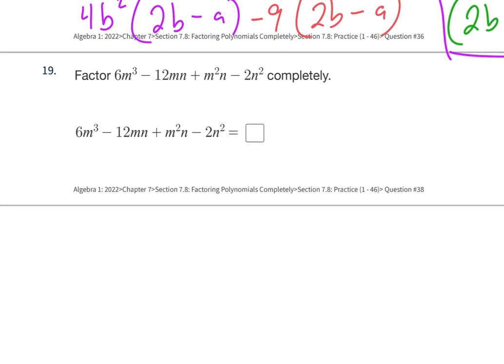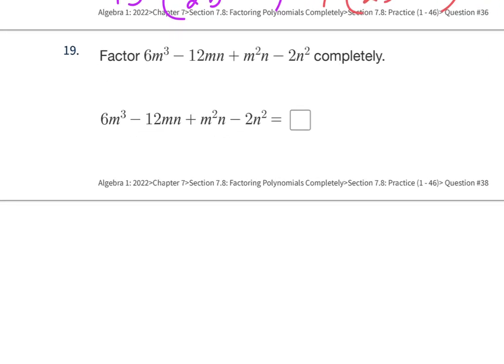Factor this one completely. Dude, I hope, again, they're going to be nice to us. So let's just jump in here. These two have a 6m in common, so this is now m squared minus 2n. These guys have an n in common, so if I factor out an n, I get m squared minus 2n.